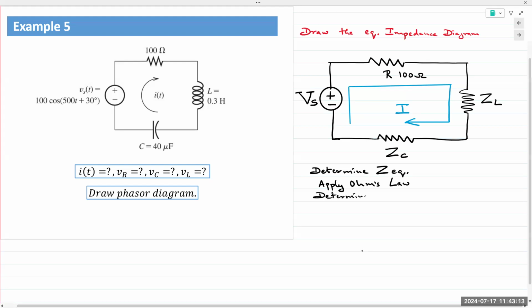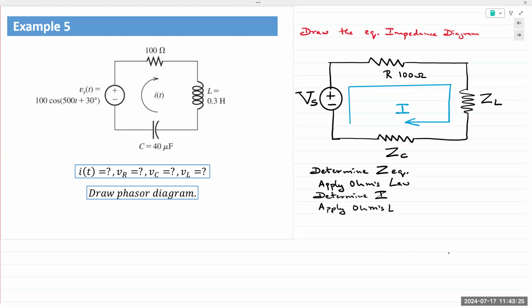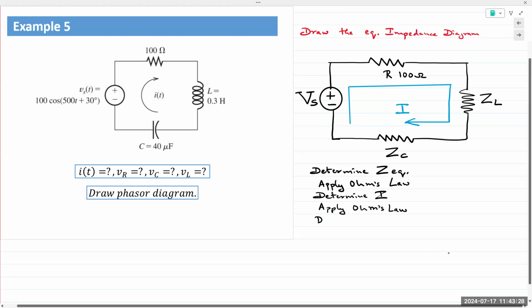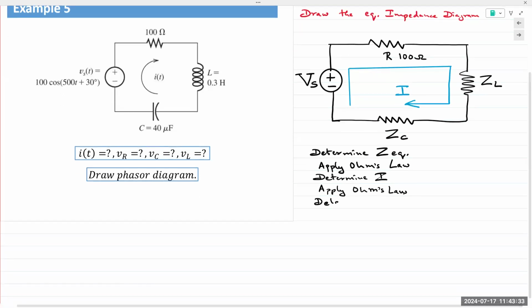Determine total current I, and then apply Ohm's law again. And determine the voltages. Sorry, my pen and mouse cursor were fighting. Determine the voltages.